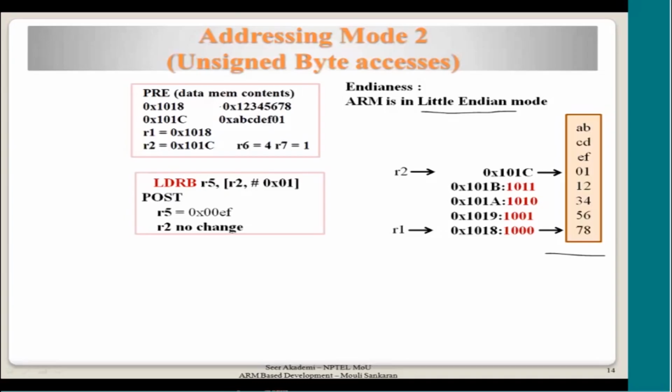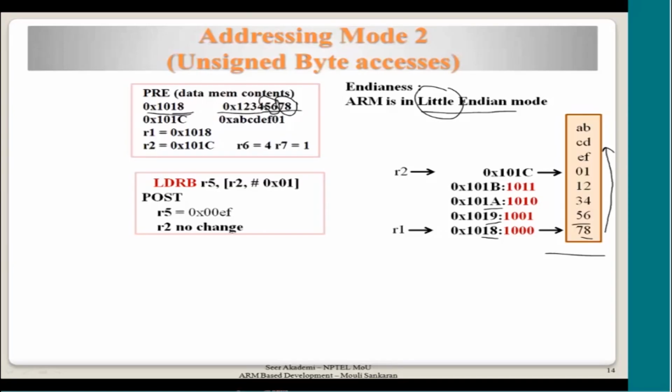Suppose you are storing this value starting from this address, the least significant byte will be stored here, and then the next byte 56 will be stored in the next address, and so on. So this address has 78, the next has 56, the next has 34, going in this order starting from the least. That's why it is little endian. Now you know why I have mentioned different nibbles with different values, so that you can understand how it is organized in the memory.